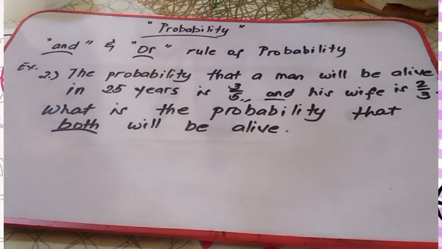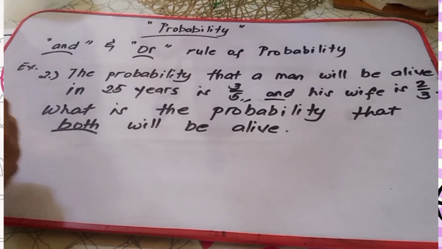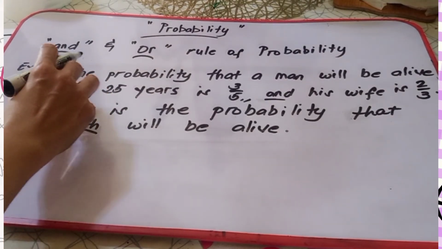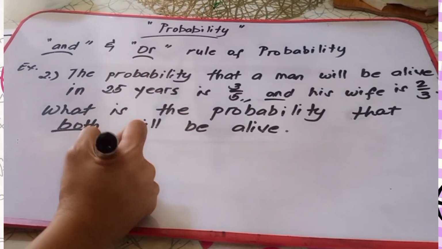So, anong gagamitin natin? Is it the and rule or the or rule? So, if it is and, sabi natin, can happen at the same time. So, therefore, yung and rule yung gagamitin natin. So, that is multiplication. So, the probability that a man will be alive in 25 years is 3/5.